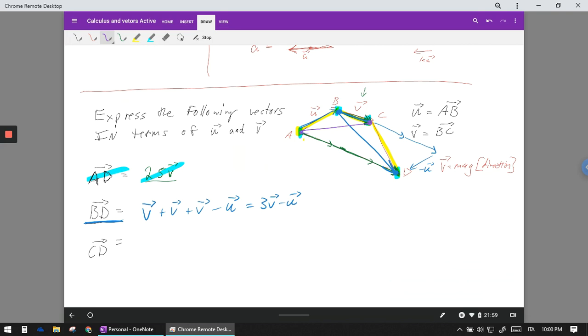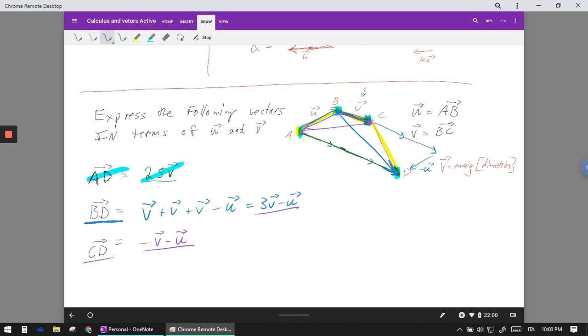If I go in the negative V direction and the negative U direction, then I've achieved the same goal. So it's basically a negative V minus a U, and I've basically copied the same thing as doing the CD vector. Okay. So there's my solutions to those guys, right?